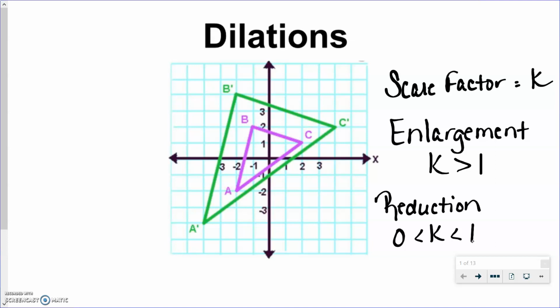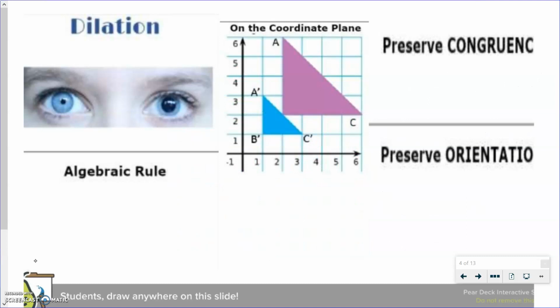So to reduce, you will be multiplying by fractions. So 1/2, 1/3, 1/8. Okay, so to make an image smaller, a reduction, your scale factor is greater than 0, but less than 1.